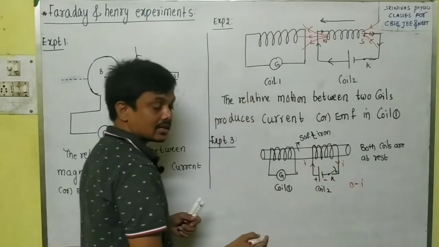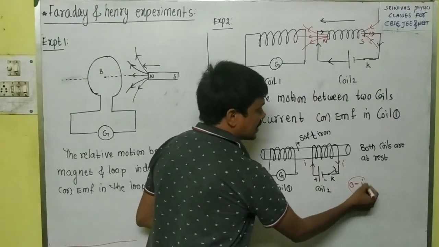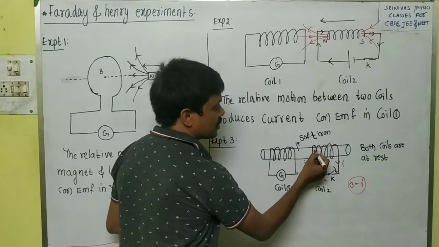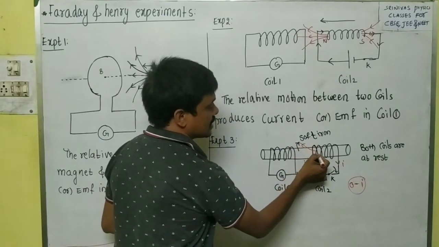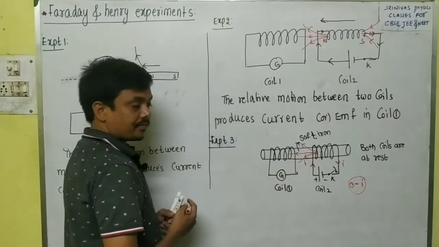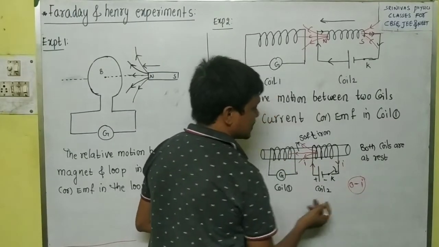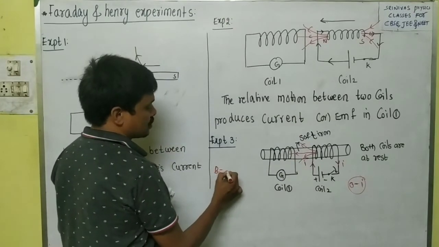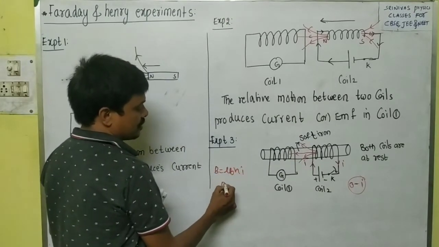in that instant. Now at that instant, when the current increases, the field will increase, because the field produced by it is also linked with the other coil. When the current changes, the field changes, because the field is mu naught n i, field proportional to current.